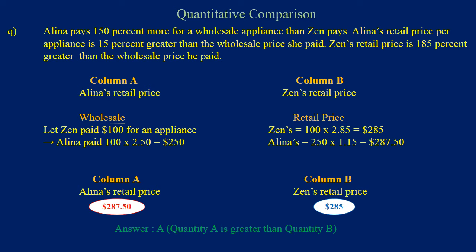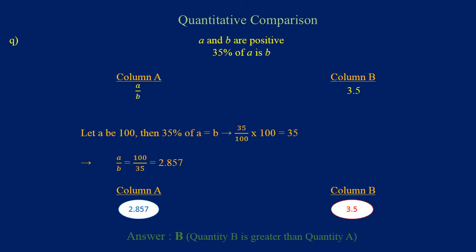So if it was $250 that she paid as wholesale price, her retail price would be $250 into 1.15, which is equal to $287.50. And we see that Alina's retail price is greater than Zen's retail price, and hence our answer would be A, which means quantity A is greater than quantity B.